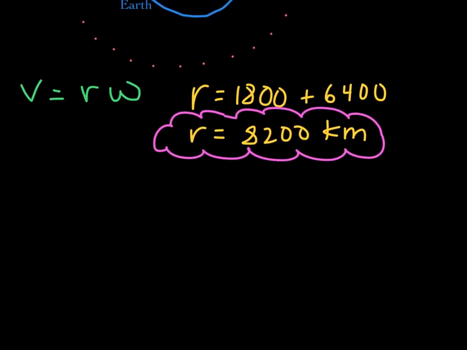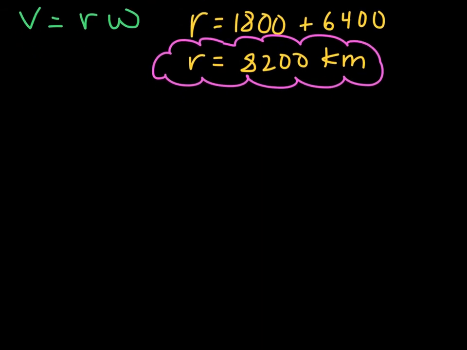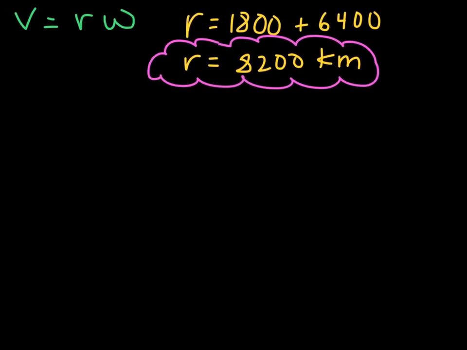Now, omega, don't forget, represents angular speed. They told us in this problem that it takes 2.5 hours to make one complete orbit. Do you remember this formula for angular speed, theta divided by t?